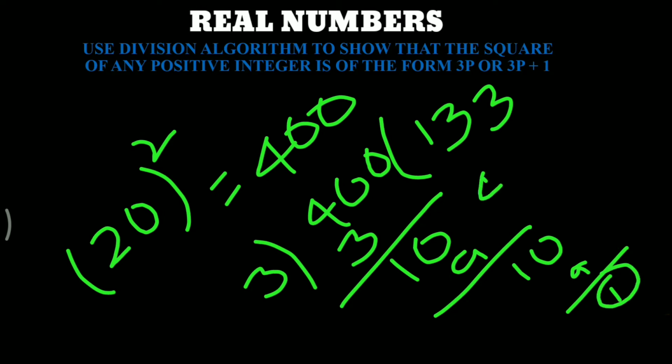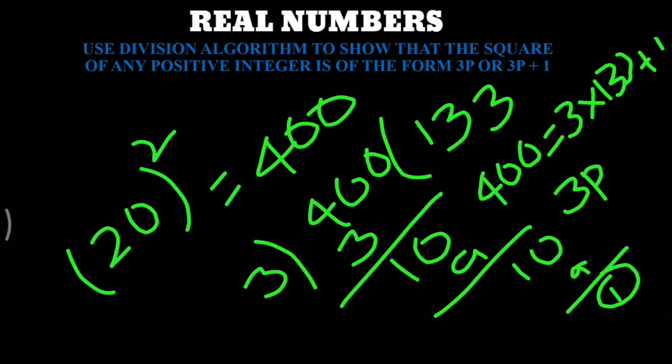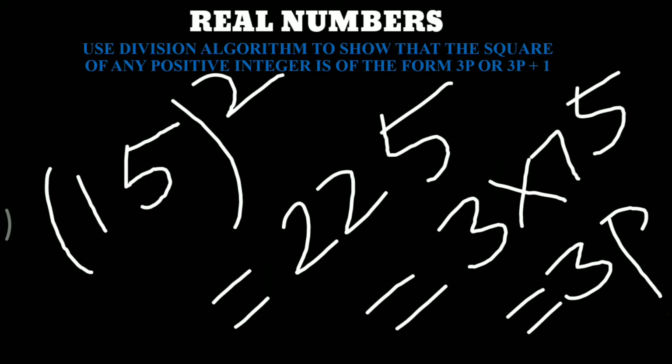So finally 400 can be expressed as 3 into 133 plus 1, which is in the form of 3p plus 1. So take any number and square it: either it will be in the form of 3p or in the form of 3p plus 1.